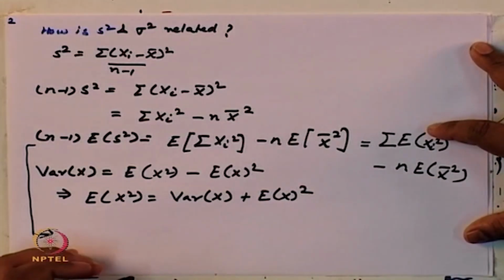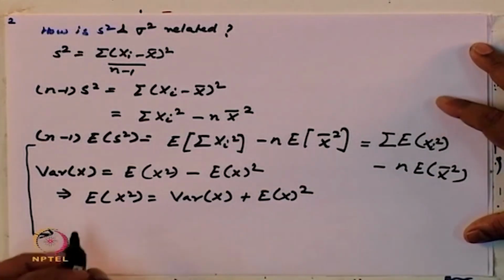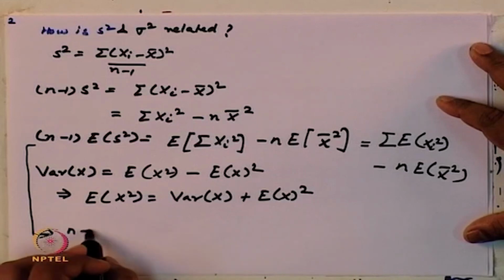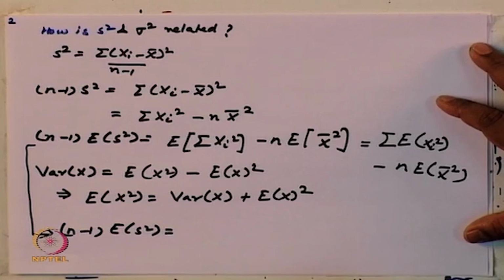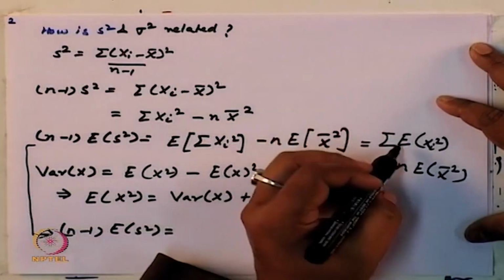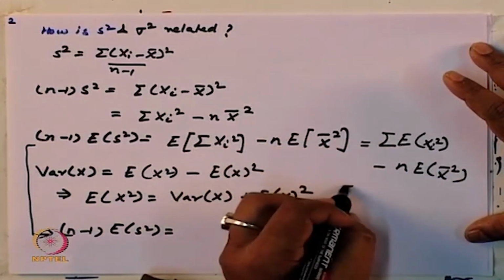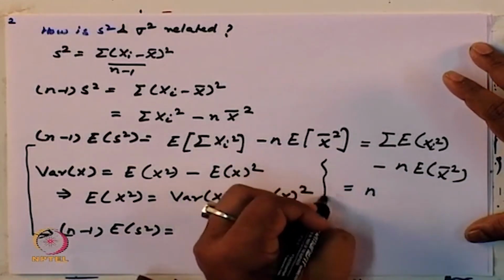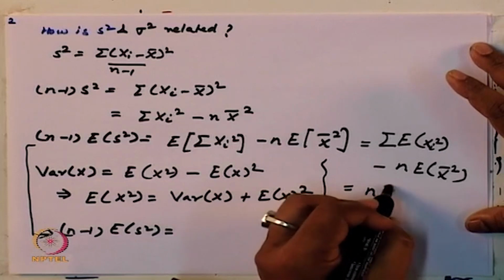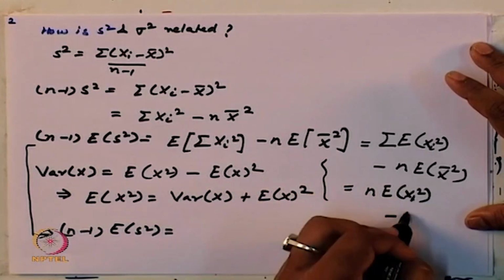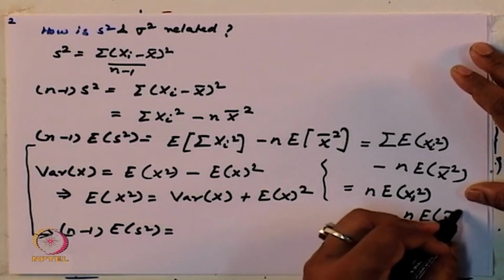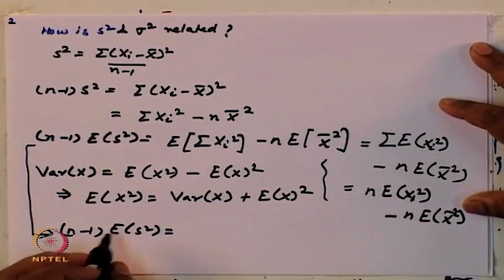So I can write n minus 1 times expectation of S square equal to n expectation of X1 square minus n expectation of X bar square, since each Xi has the same mean.